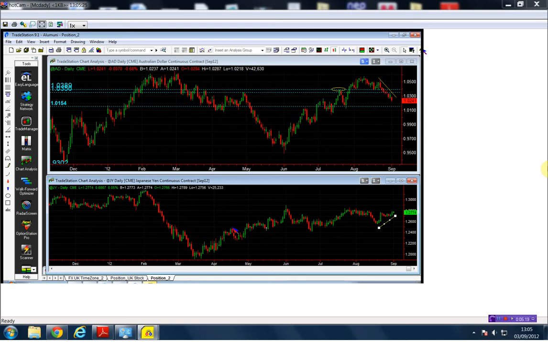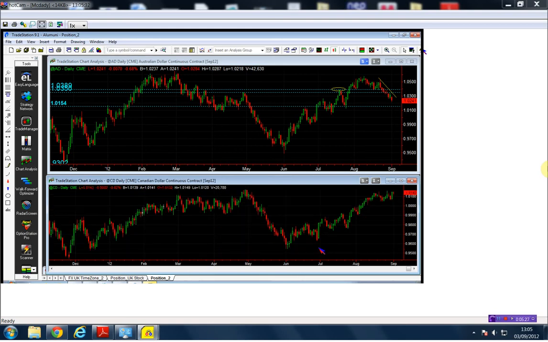Australian. So for example, if you look at the Canadian dollar, you can see simply by looking at this chart how strong the Canadian has been for the last several months. So this way I can go short the Aussie and long the CAD.